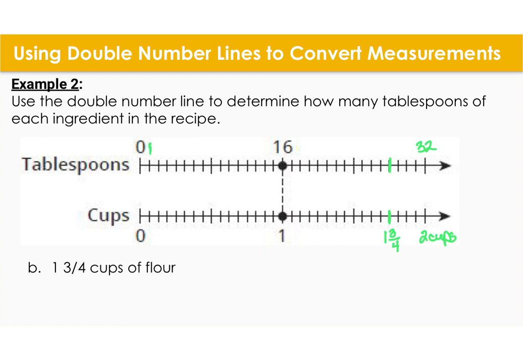So each tablespoon is 1. And since there's 16 lines, each line is 1/16. So if I count the lines to 3/4, there are 12 lines in between 16 and where 1 3/4 go. So I would need to take 16 and add 12, which is 28.